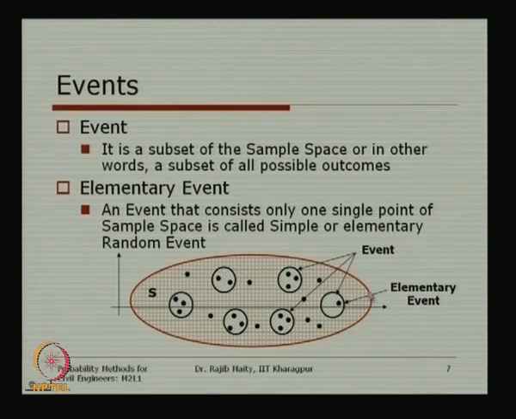If I want to show it here, the red area is your sample space, and in this sample space, if I select any combination of the sample points, then each combination, or each feasible subset of these sample points, is one event.